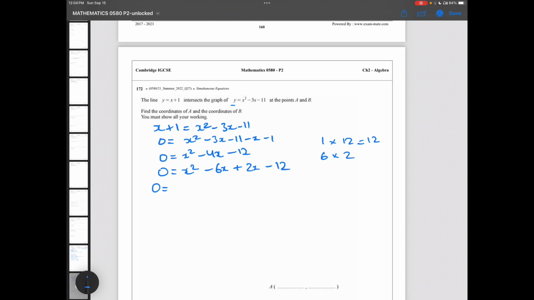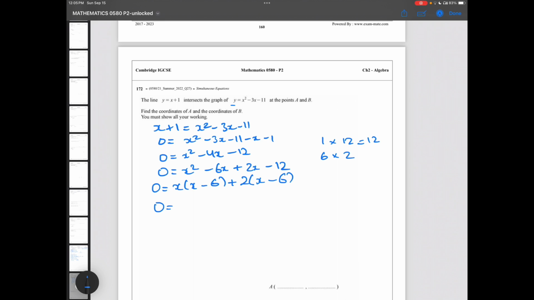Now we have got four terms. We take the common from the first two. x is the common. Remaining, from the first term x is left, from the second term 6 is left. Again, we take the common, that's 2. From the first term x is left, from the second term 6 is left.